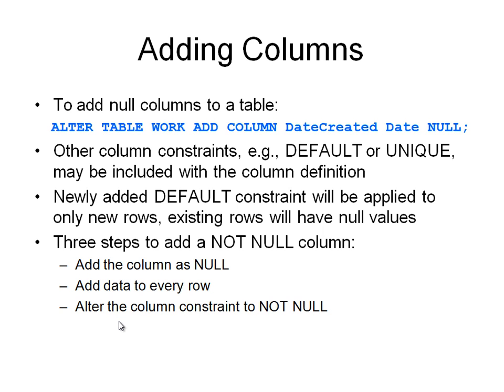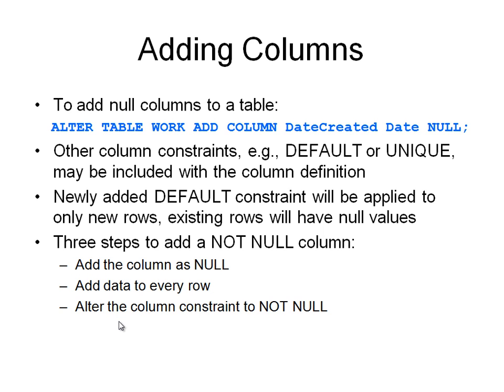We learned in Chapter 7 how to add or drop a column using the ALTER statement. Other column constraints, for example, default or unique, may be included with the column definition.